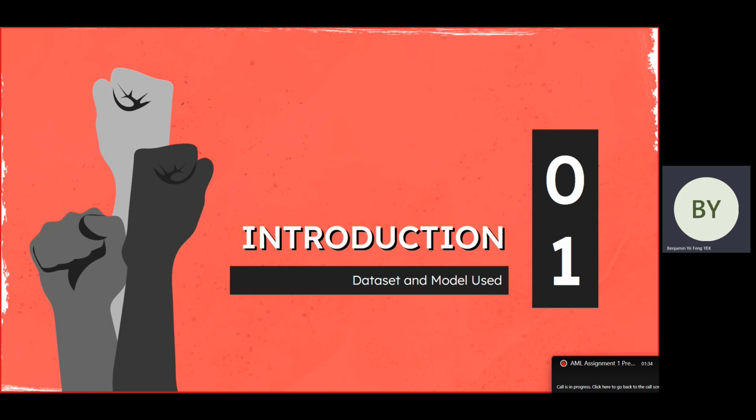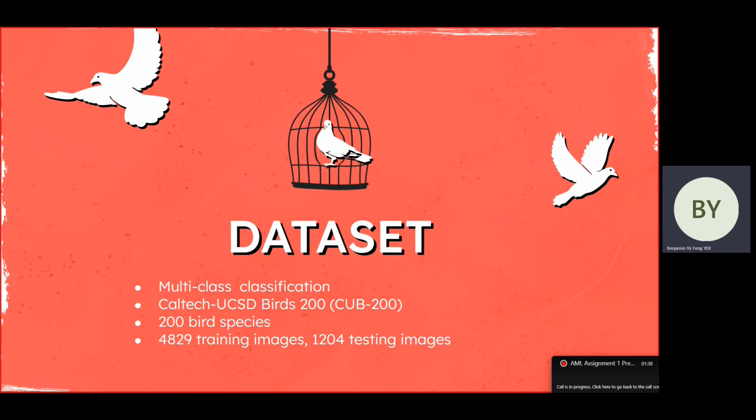All right, so now I will talk about the introduction. First of all, in this assignment, the dataset that I chose to use is Caltech UCSD Birds 200, which is CUB-200.